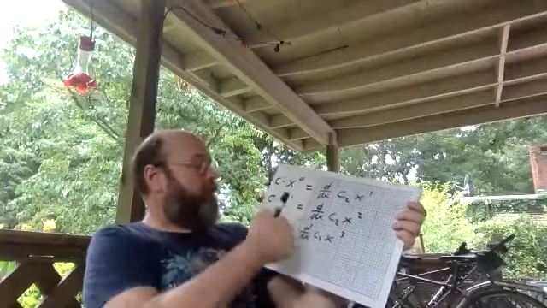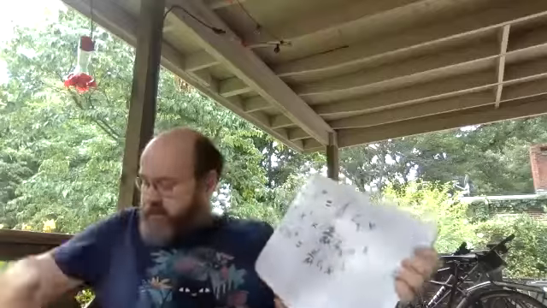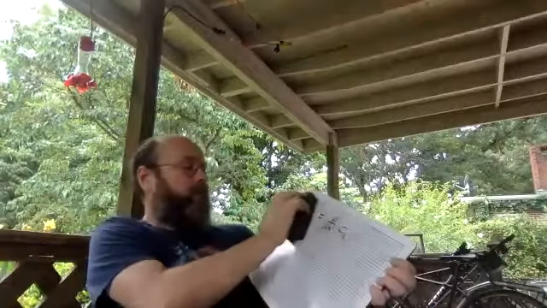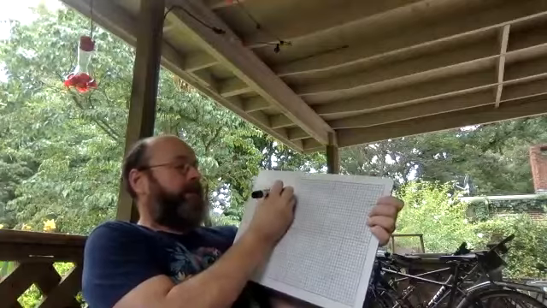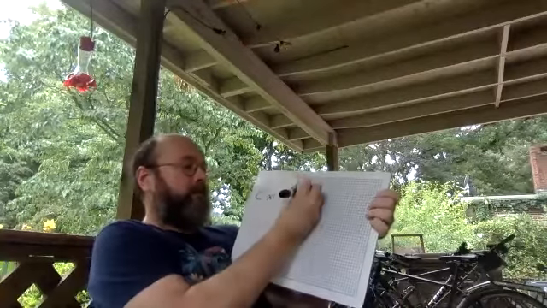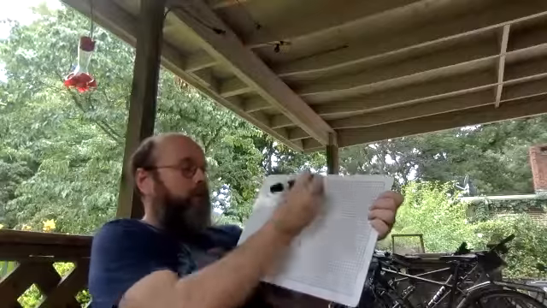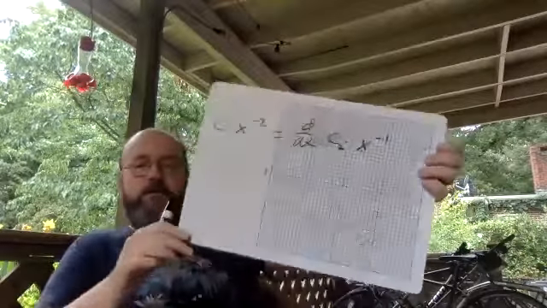Same thing works if we go in the negative direction. Totally fine. For instance, if we want something of the shape C times x to the minus 2, like I just said, we're going to look at something like the derivative of some constant times something x to the minus 1, right?